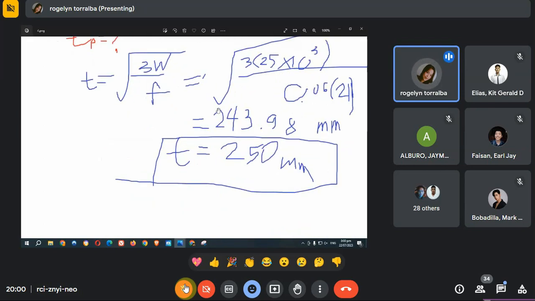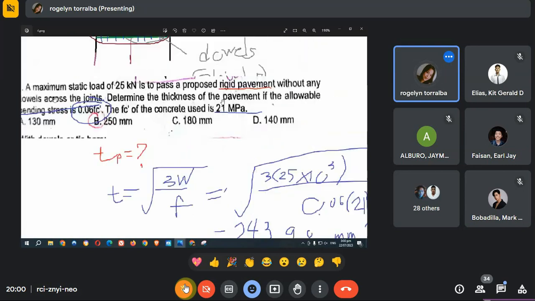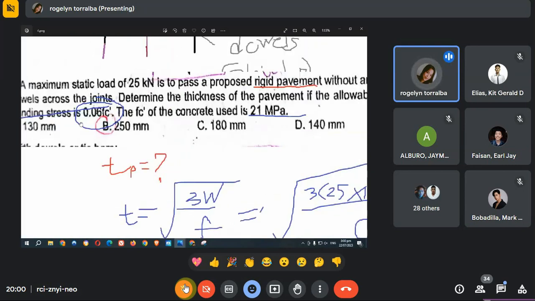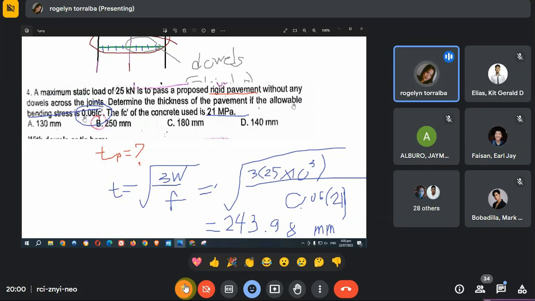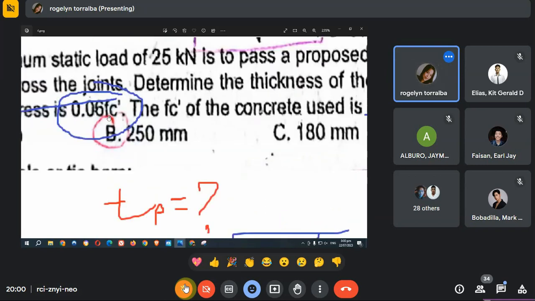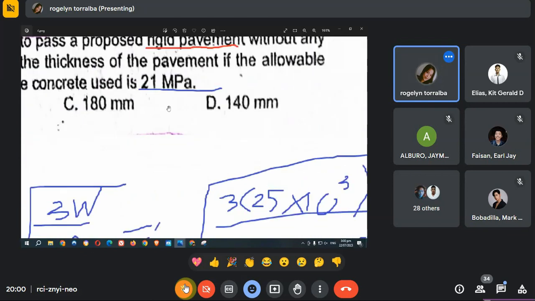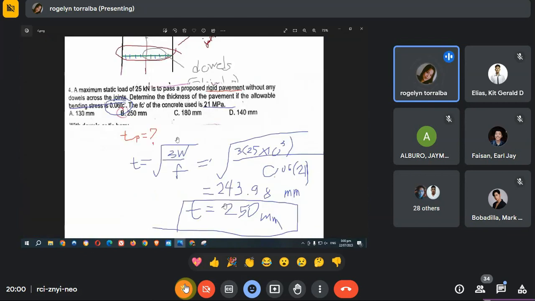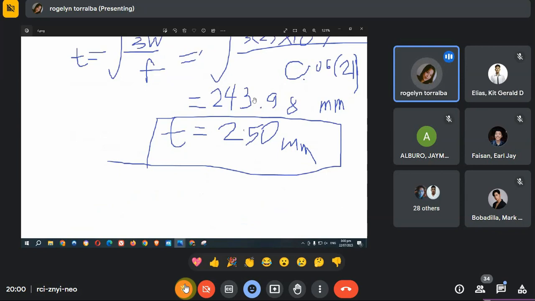Don't just put 21 MPa. Look, the allowable bending stress is 0.06 of the compressive strength, so in case you forget, write it out. The answer would be 240.98 mm. Again, by 10s, that would be equal to 250 mm.